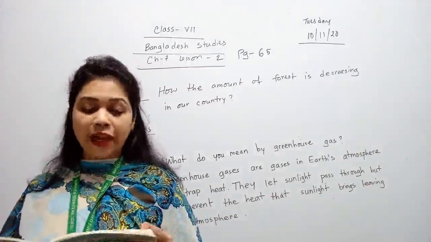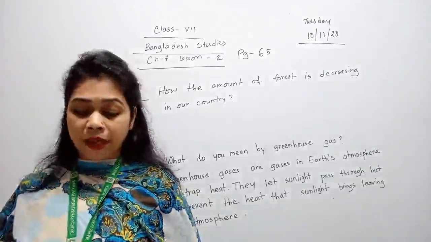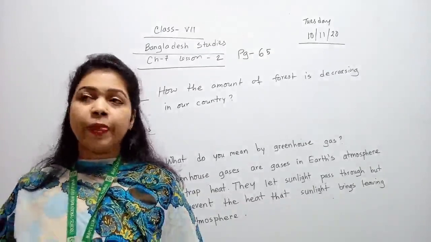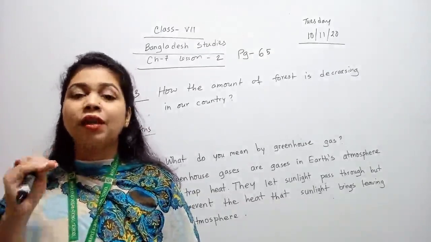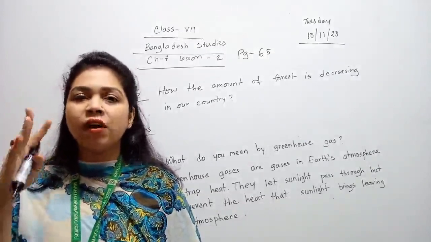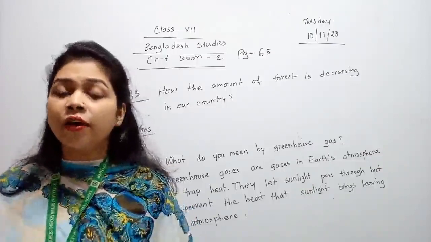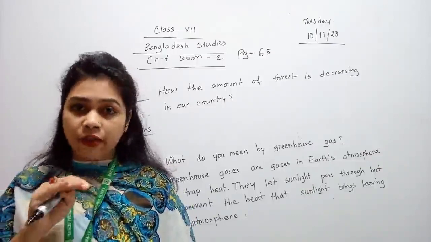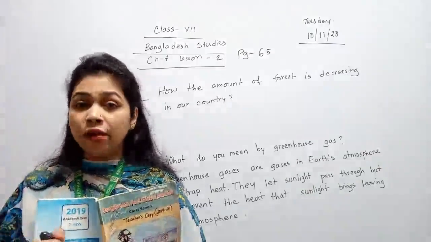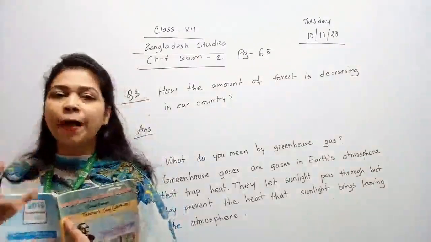When the air of Earth's surface of a particular place becomes too hot, it blows upwards. You know that the lighter air goes up and the heavier stays down. So when the air of the earth surface of a particular place becomes too hot, what will happen to that? It will blow upward because it will become light.